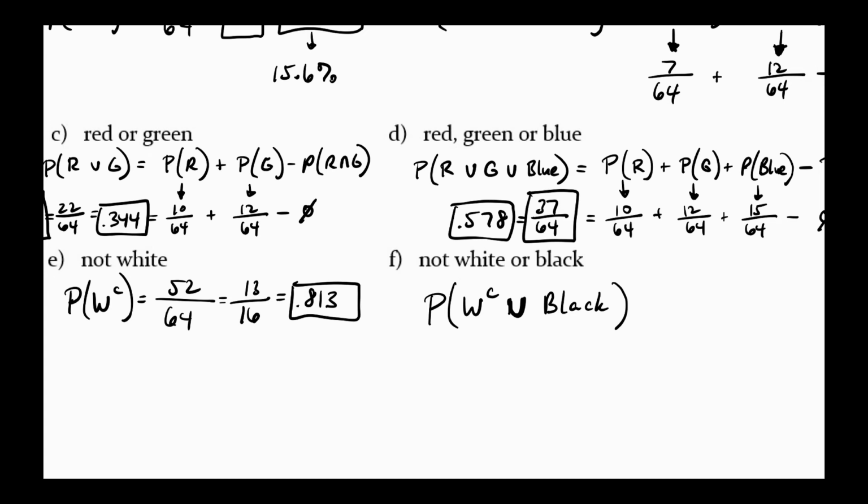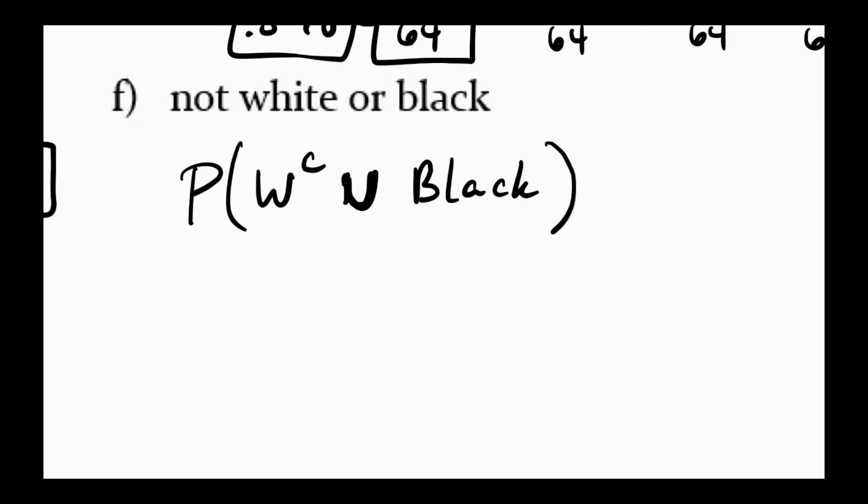I don't see not and not. See what I mean? Because there's a difference between not white and black or not white and not black. So you just got to be careful. I would put nor, like if not white nor black, right? So what I see is a not white or black.